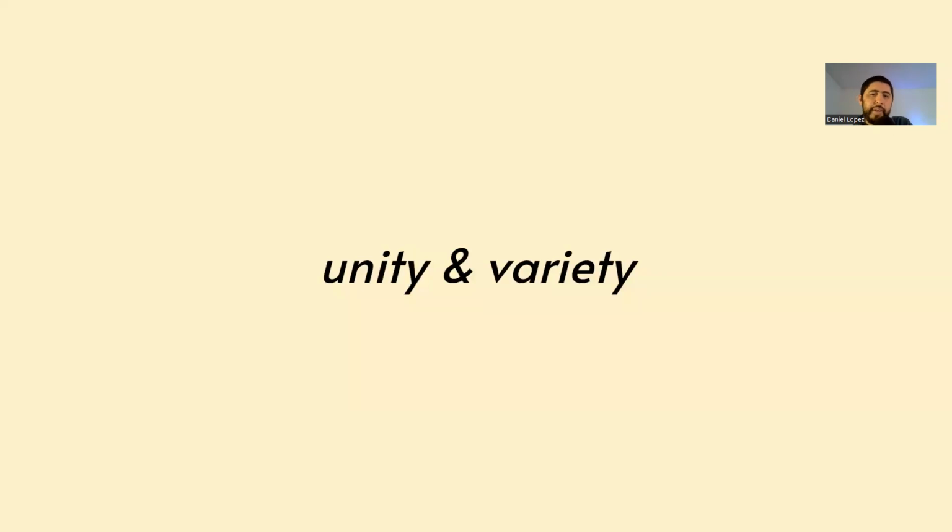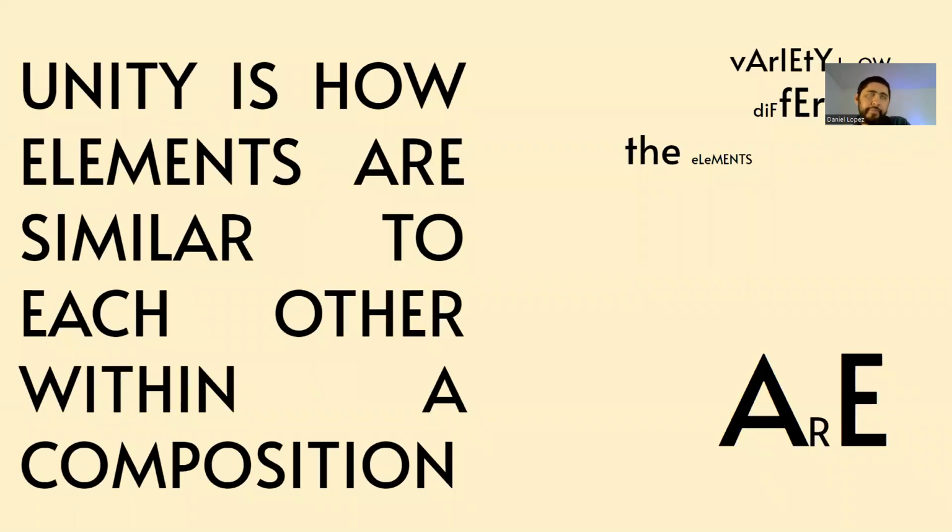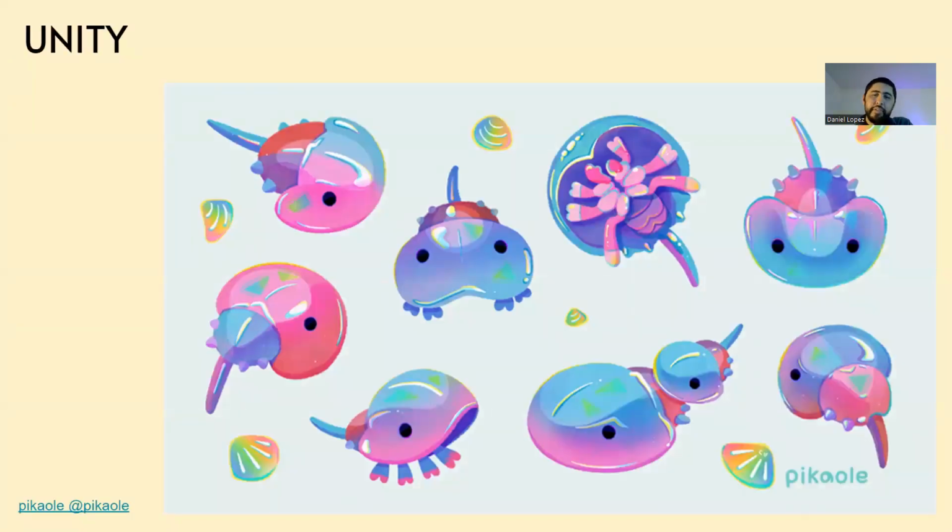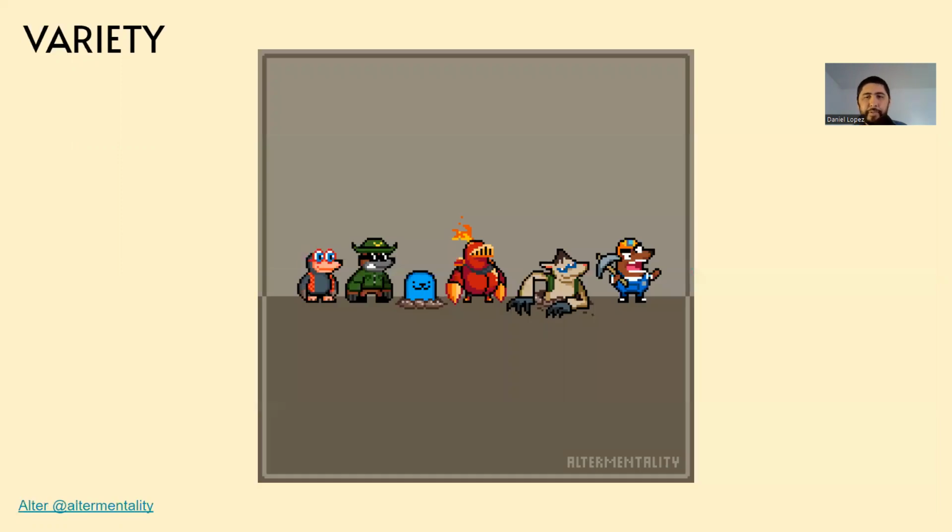Unity and variety. So this is how things are similar or different. So here, even though these are different drawings, they're the same horseshoe crabs, but they're different organisms. They all have the same shape, they all have the same color, so you can assume that they're kind of the same species, right? The same type of things. Whereas here in variety, there's a lot of differences between these characters, right?